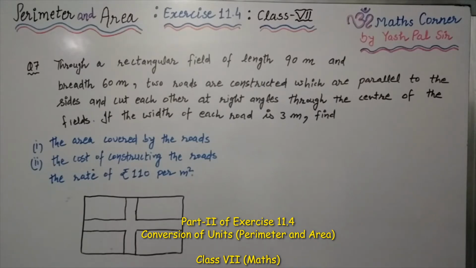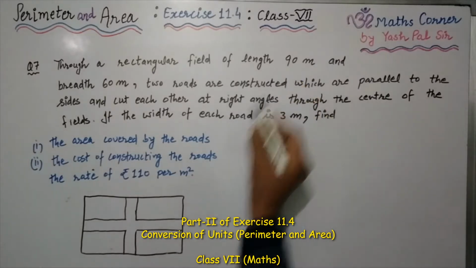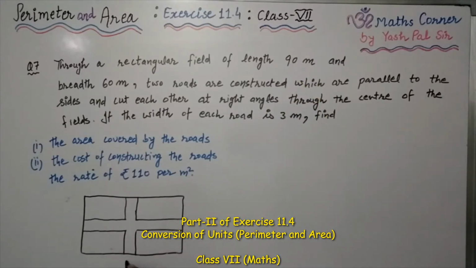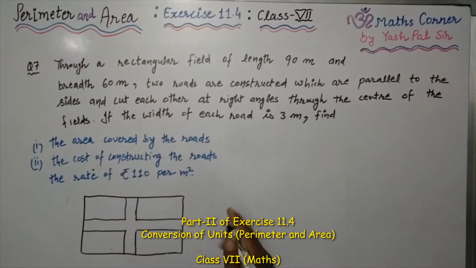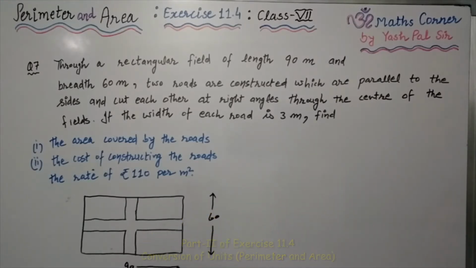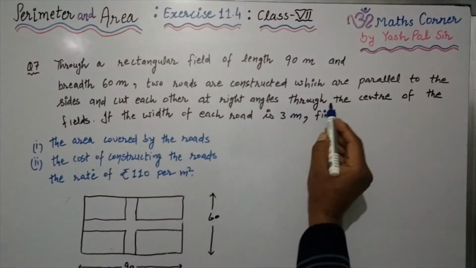Now first of all, the total length of the field is 90 meters. Out of this, 60 meter is the width, and 90 meter is the length.